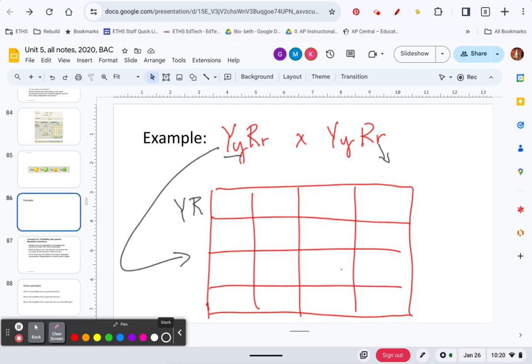So I just did big Y, big R. Let me move this around here. Give me another one. Small y, big R. That is another one. Next, big Y, small r.